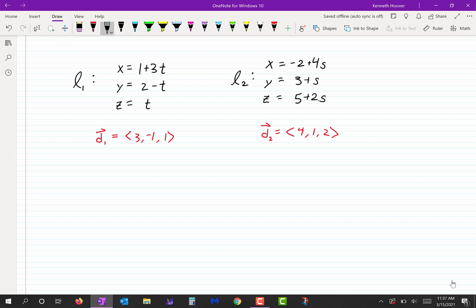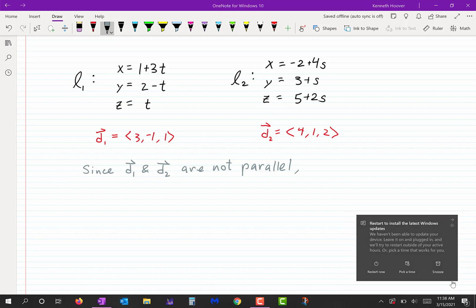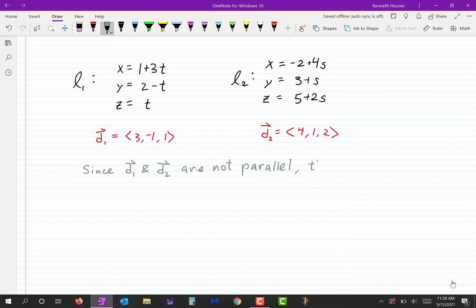So since D1 and D2 are not parallel, then I can actually say two things.